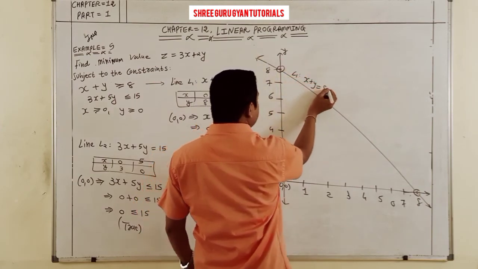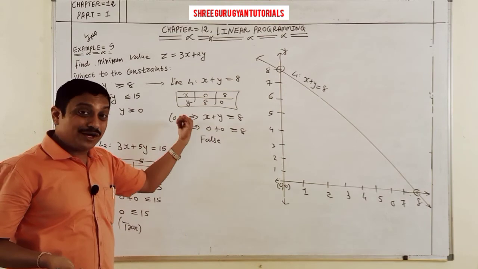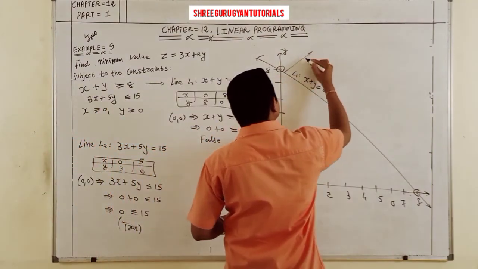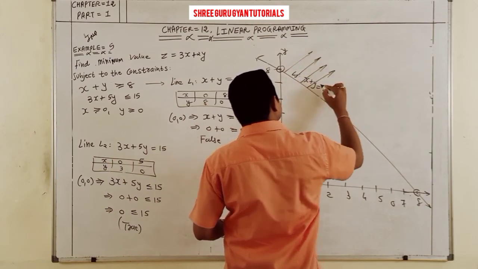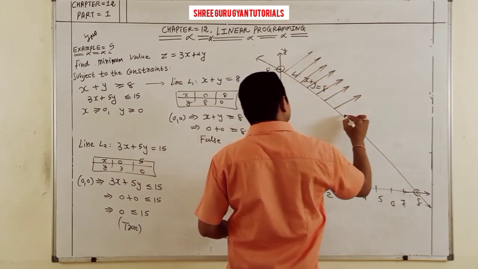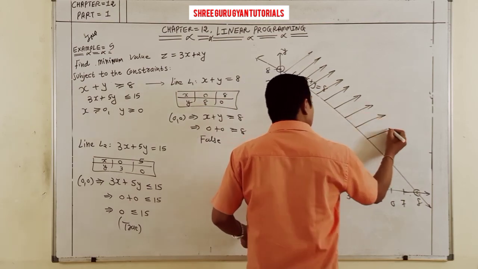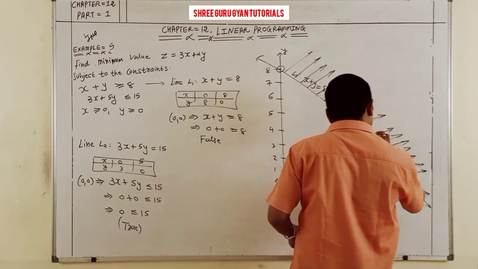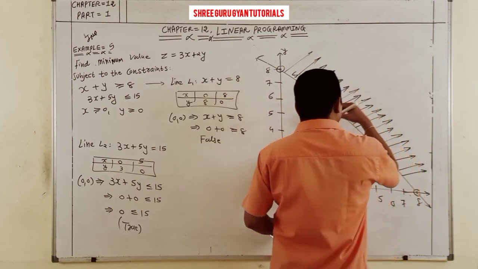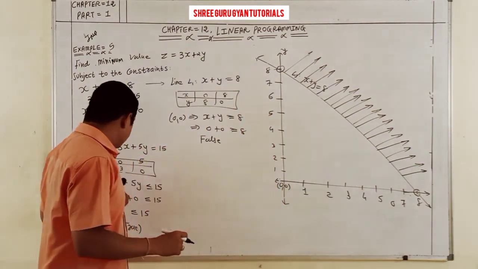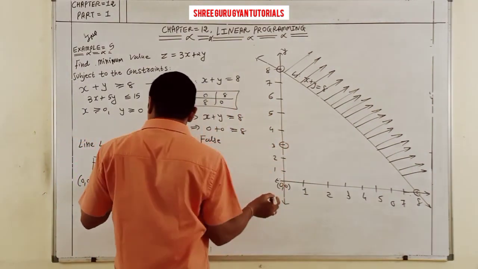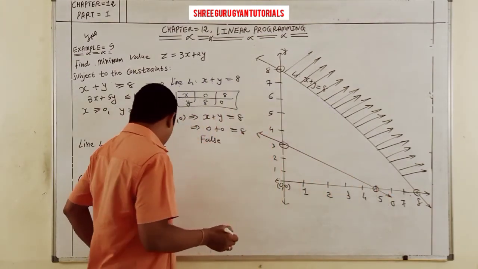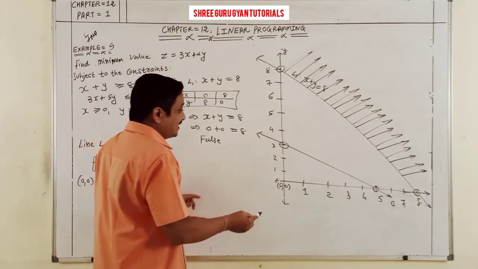But checking by the syllabus, it is false for (0, 0), so surely not towards the origin. This side is your shading, opposite to the origin side. For the second graph, here (0, 3) and (5, 0) are plotted, and this is your true side, meaning towards the origin. This side is your graph.